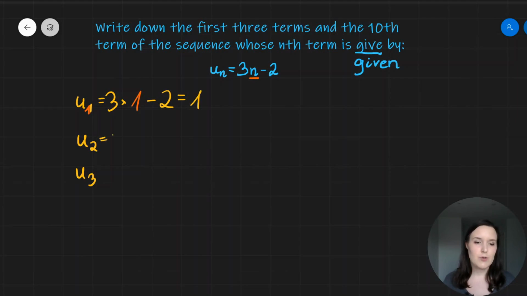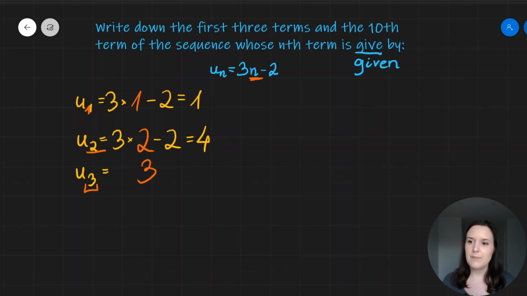The second term will be 3 times 2 minus 2. I just substitute 2 for n, and that would be 4. And for the third term, I substitute 3 for n in the formula, and so I have 3 times 3 minus 2, which is 7.